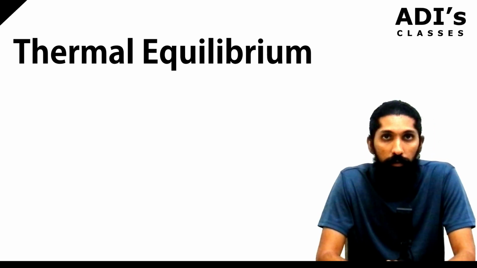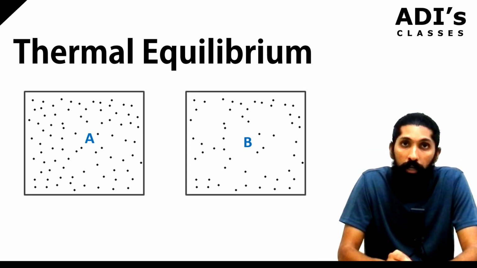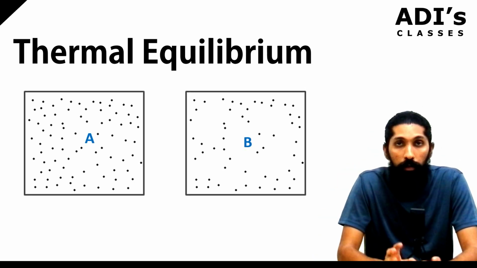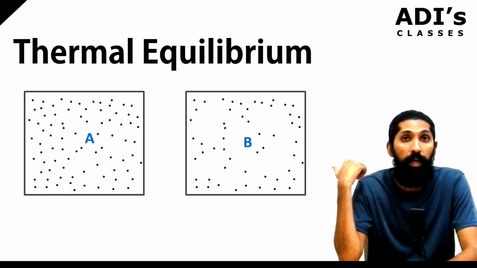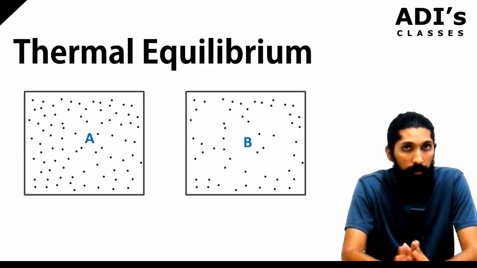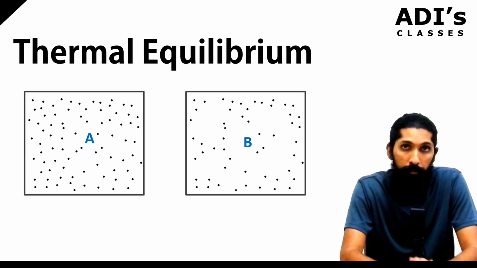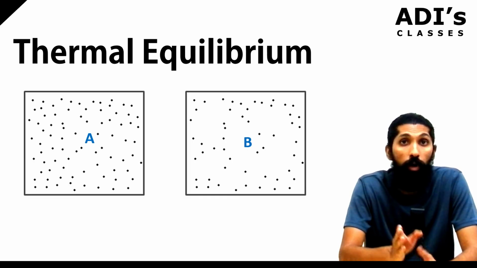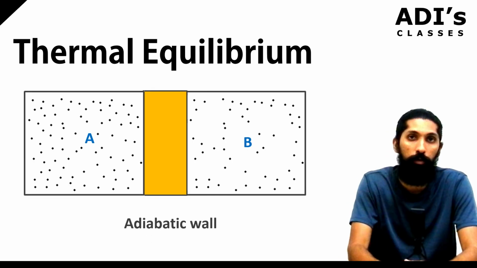Between A and B, we are going to place an insulating wall called an adiabatic wall. An adiabatic wall is a wall which is not going to let any transfer of energy from one thermodynamic system to another. That means no energy gets transferred from A to B, because you have an adiabatic wall, or what we call an insulating wall.